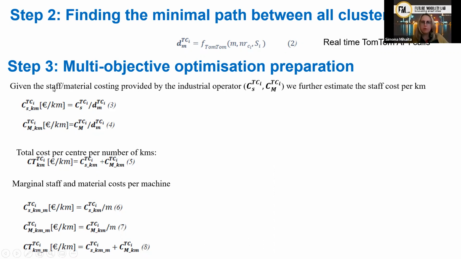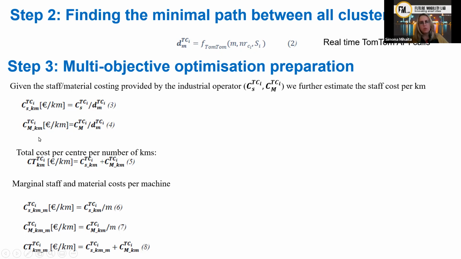Now, one thing that we have done is we have used the variables for staff and material costing that Noremat provided to us. I will note them here: CS, cost for staff, and CM, cost for materials, for each technical center. Based on that, we are now able to calculate what we call the cost for staff per kilometer, knowing that we simply divide the cost that we have received by the minimal distance between the clusters of each center.